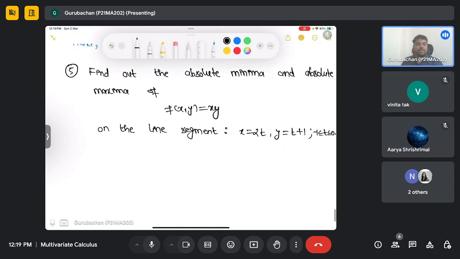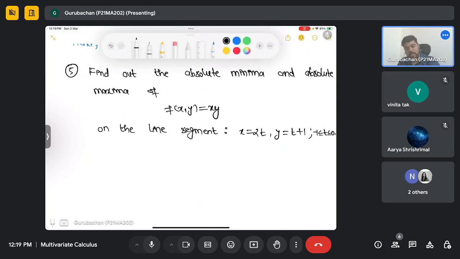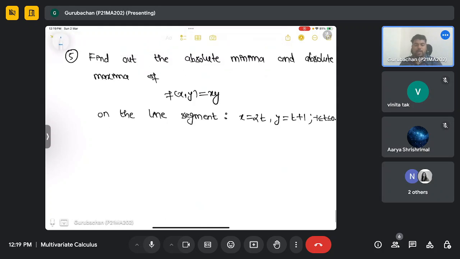So we are given a line segment, or you can say a parameterized form of this particular line segment, and we need to find the absolute minima and absolute maxima of this particular function on this line segment. So how can we approach this particular one? Anyone? So there can be two approaches.